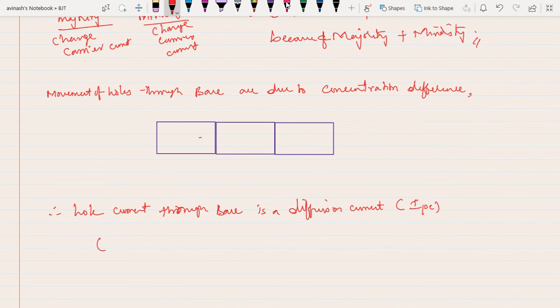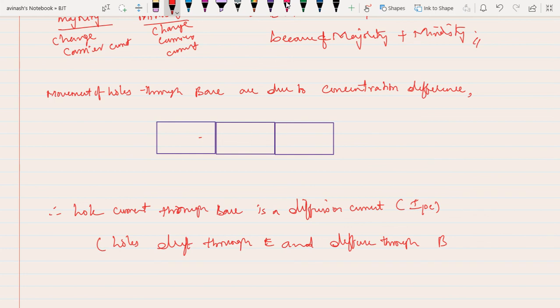That is, holes drift through the emitter and diffuse through the base.